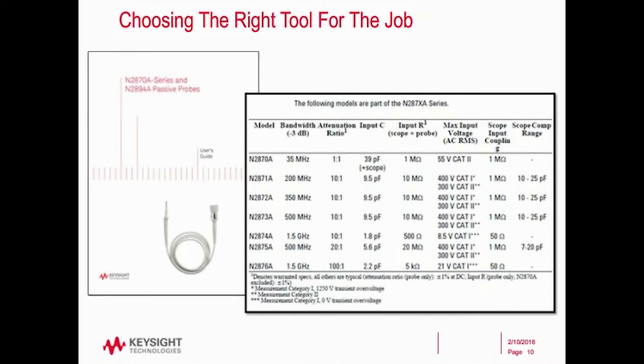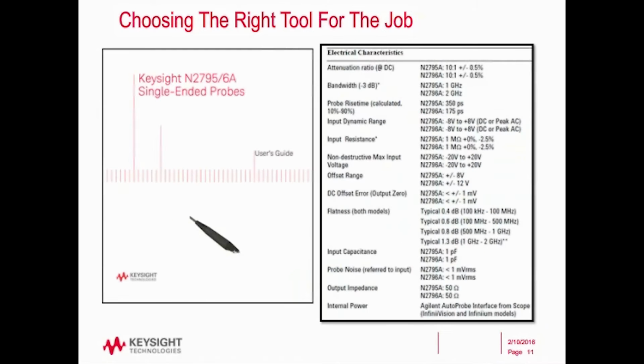Now there's an analogous list of specifications and characteristics for active probes. You see similar kind of things: attenuation ratio, bandwidth, input dynamic range. Farther down the list overlaps with things like the passive probe with input capacitance.